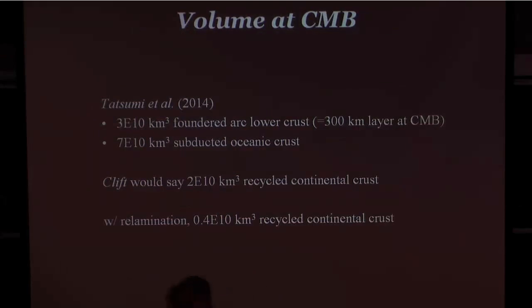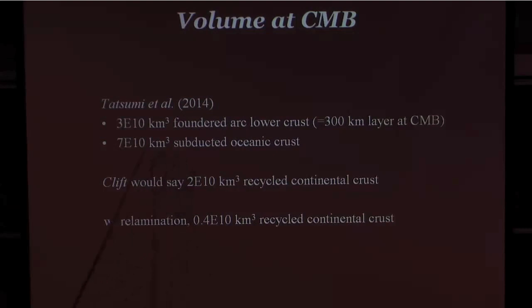And there's an interesting paper by Yoshiyuki Tatsumi recently in which he asked, if this material has been going down into the center of the Earth over Earth history, how much is there? So he looked at foundered arc lower crust, and he guessed that over Earth history there's been about 3 times 10 to the 10th cubic kilometers. And he says that that's a 300 kilometer thick layer at the bottom of the mantle.